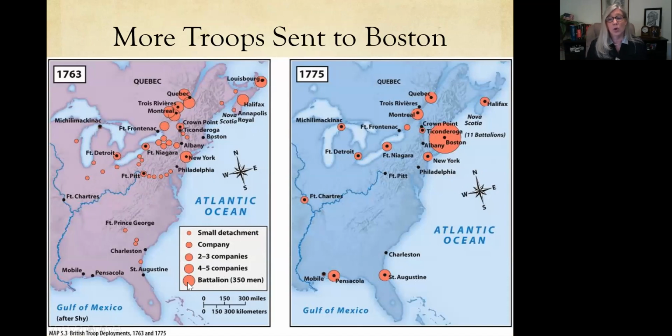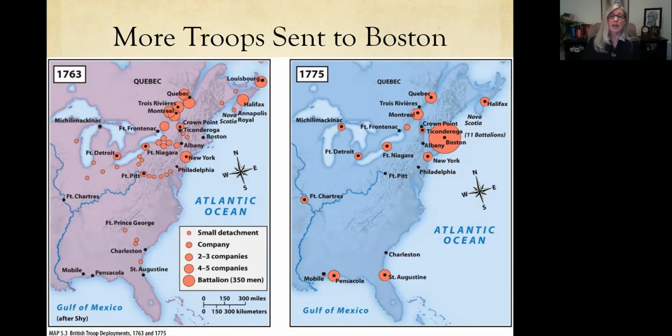So the larger the circle, the larger the concentration of British soldiers out here in the West. The war is now over, but look what happens to the distribution of soldiers. How many native groups are we fighting against right here in and around Boston? Probably not very many.